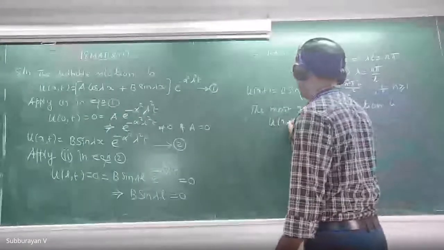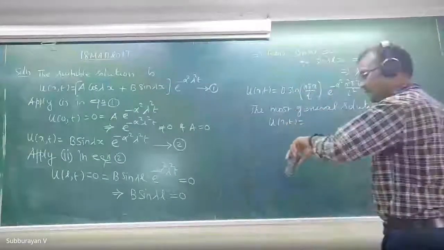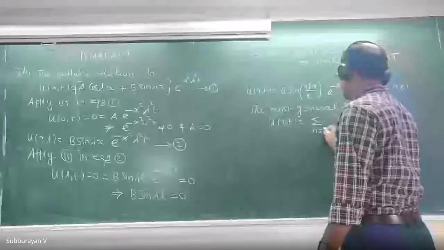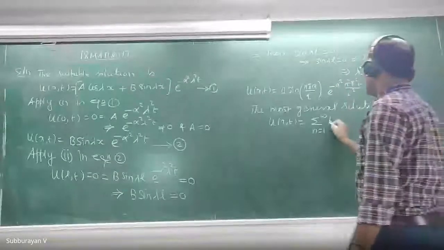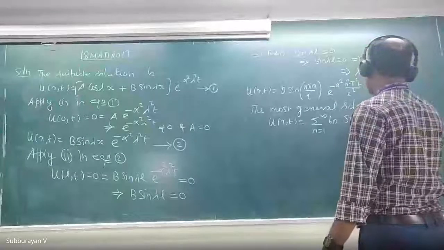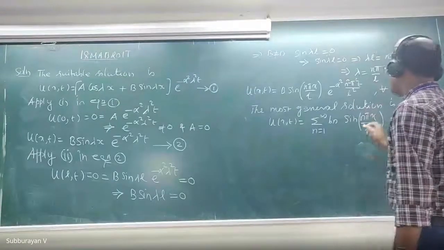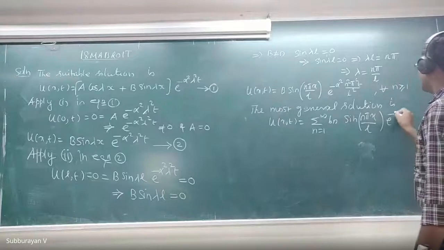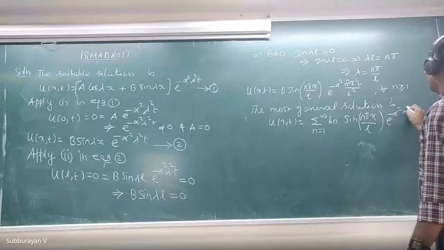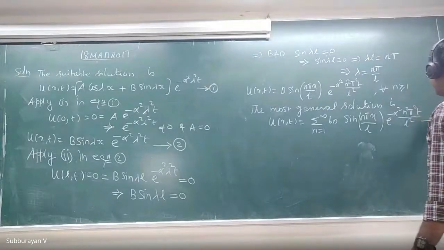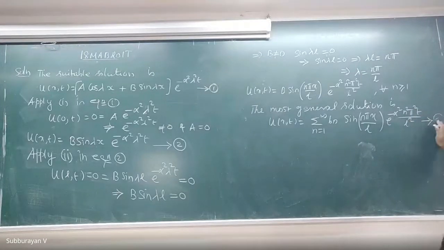U of x comma t, which is equal to summation n equal to 1 to infinity bn into sin n pi x divided by L into e power minus alpha square n square pi square t divided by L square. Now I call this equation number 3.